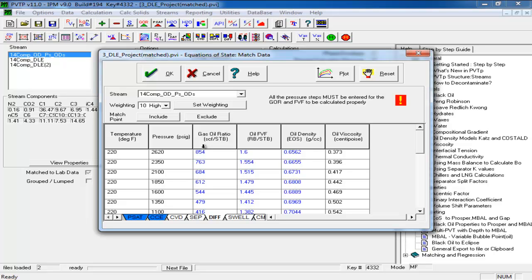And we have seen that this part is described by RS and beta O, which are here. So by matching these data, I am able to describe the two-phase region. That's why the DLE experiment is always below, starting from the saturation pressure, because we want to describe this part here.